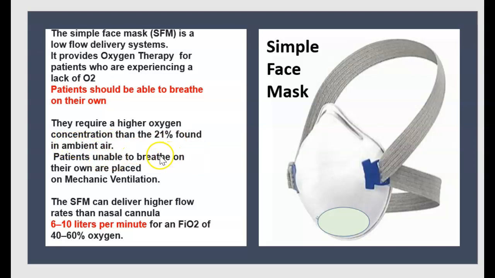Patients unable to breathe on their own are placed on mechanical ventilation. The simple face mask can deliver a higher flow rate than nasal cannula, 6 to 10 liters per minute, for an FiO2 of 40 to 60% oxygen.